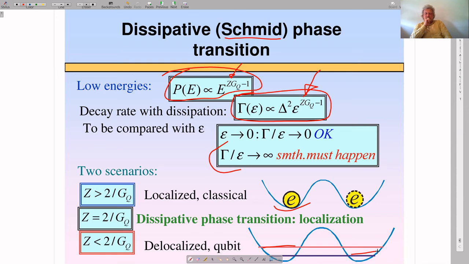So the transition occurs from this consideration when gamma divided by epsilon is a constant. And if I use this power exponent, we pinpoint the impedance at which the transition occurs.